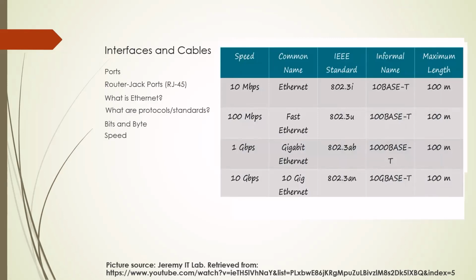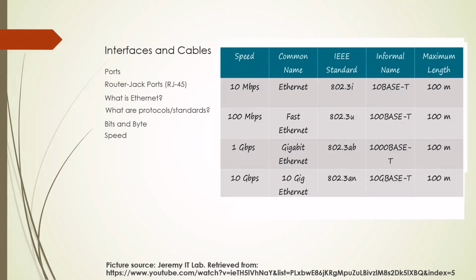It was in 5 categories: the speed, the common name, the standard itself, the informal name, and the length of cable that the standard can support. So the very first one was 10 Mbps, meaning 10 megabits per second. And the common name is Ethernet, which is the very first standard Ethernet.